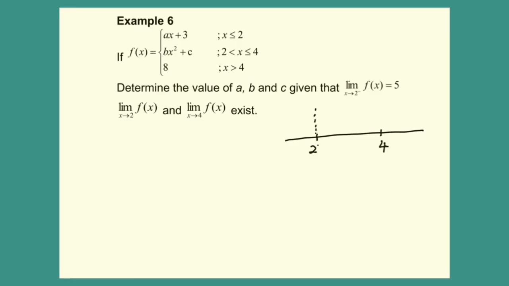Okay, for x less than 2, f(x) is equal to ax plus 3. For x greater than 2 and less than 4, f(x) is bx squared plus c. And for x greater than 4, f(x) is 8.